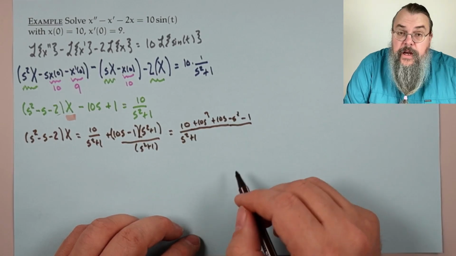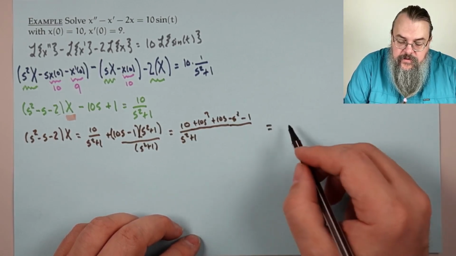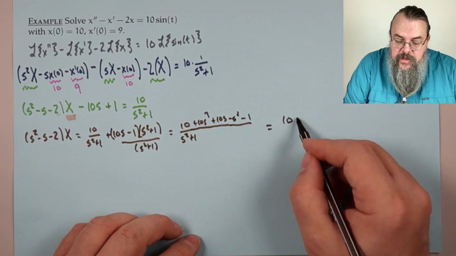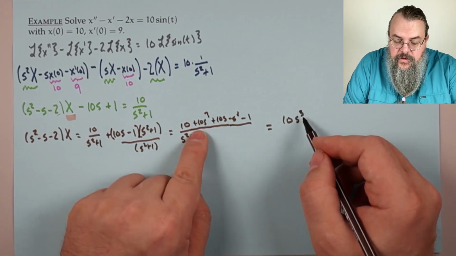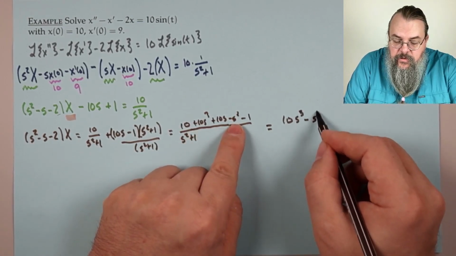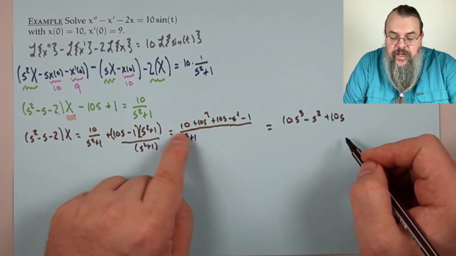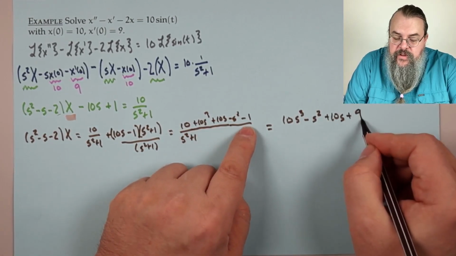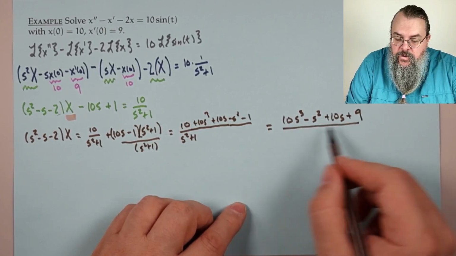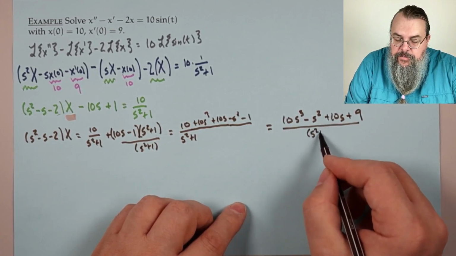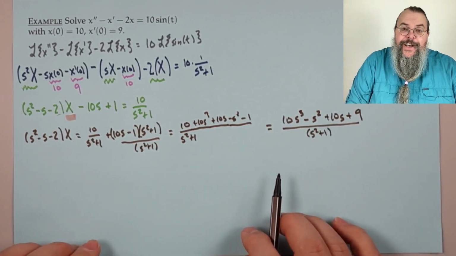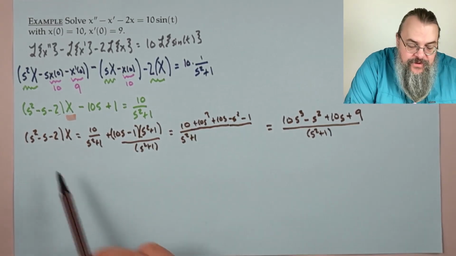Or, if you like, that's the same as 10s cubed minus s squared plus 10s. And 10 minus 1 makes plus 9, over s squared plus 1. All right, good. So we're almost there.